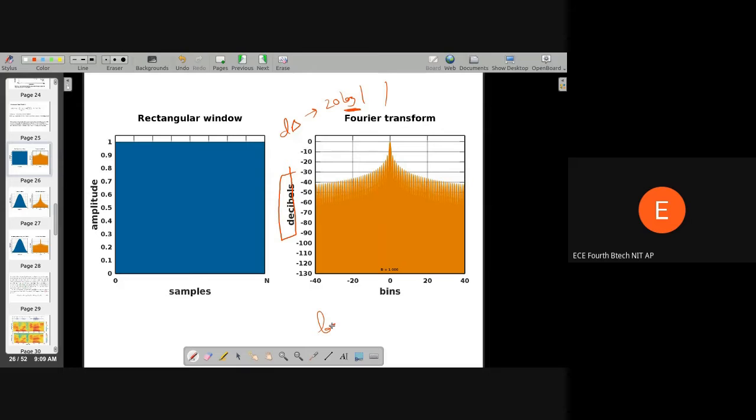The property of log is that it shrinks large numbers and brings small numbers to a comparable level. So by using log, you are able to see the spectrum in a better way. This is also called the log magnitude spectrum.